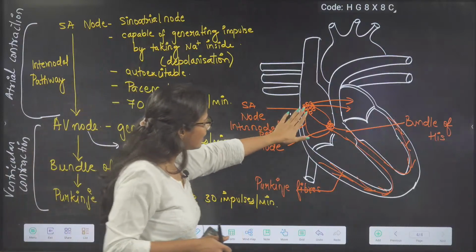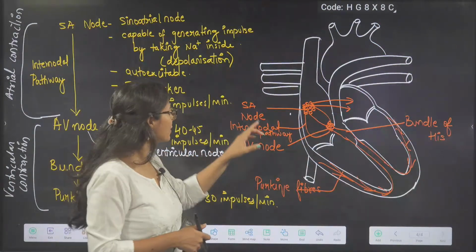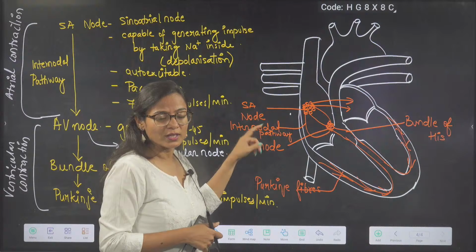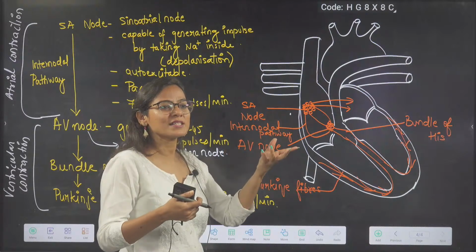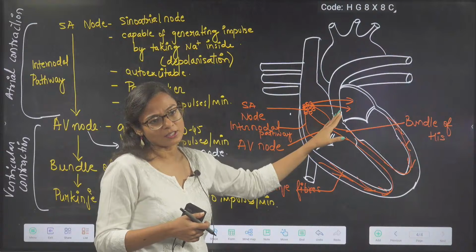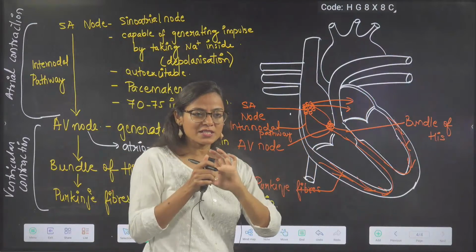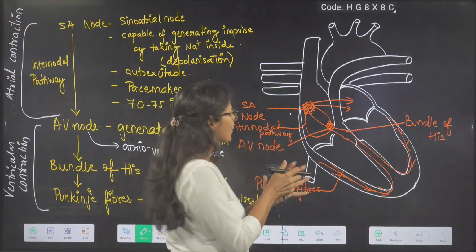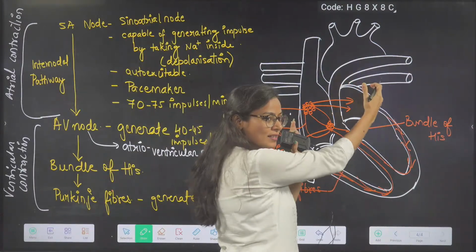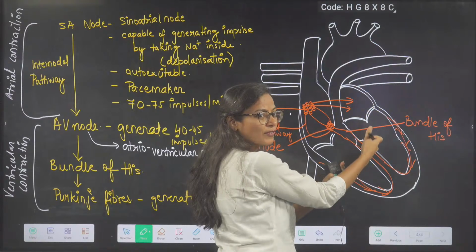So in the right atrium upper corner, we have a patch of muscle tissue that is called the SA node. Now this SA node generates impulse and sends that impulse to nearby muscle tissue. When that impulse spreads to all the muscle tissue around the atrium, what will happen? Atrial contraction. When this atrial contraction happens, blood flows from the atrium to the ventricle.